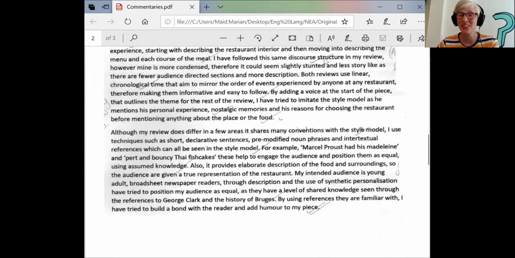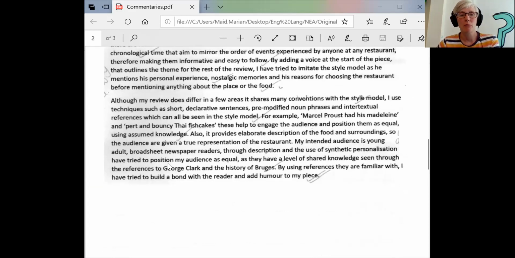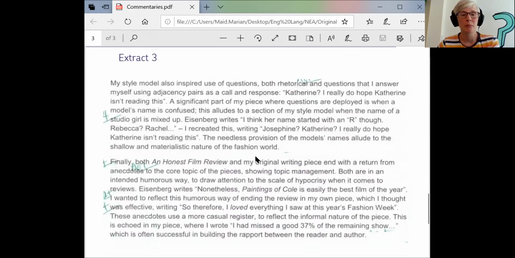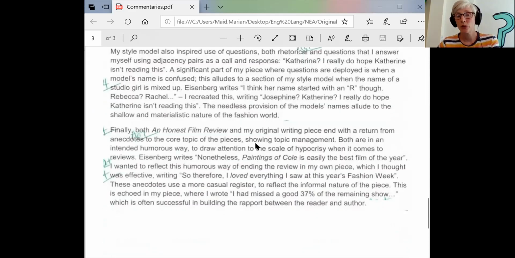Remember, just say discourse in front of structure. It sounds so much smarter. Talking about whether they did it chronologically or not. Although my review does differ in a few areas, it shares many conventions with the style model. So I hope you can read those through and find those helpful as well.